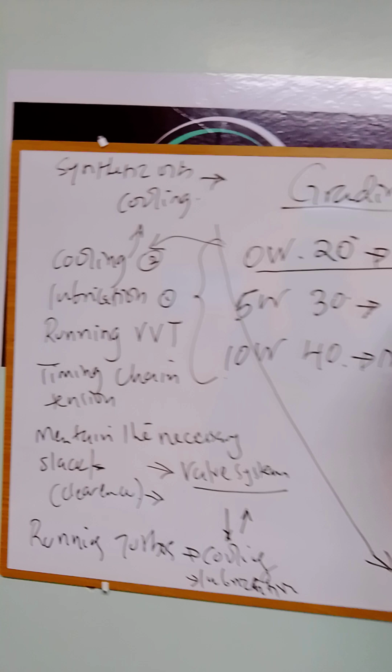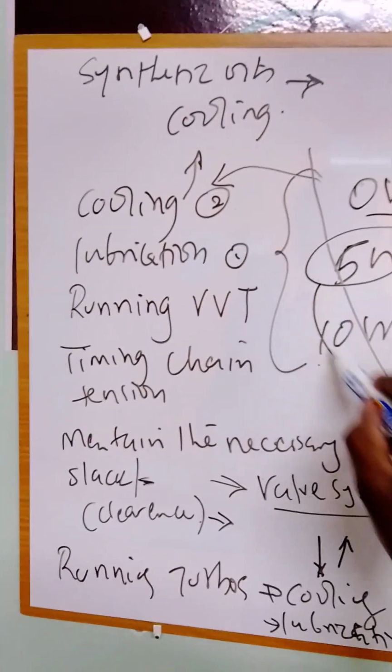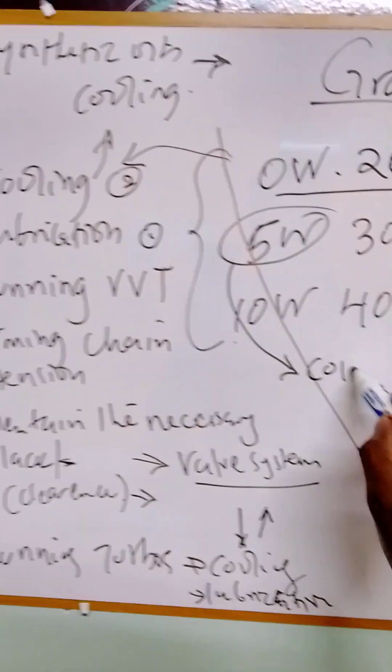Okay, so this is in terms of increasing thickness, increasing viscosity. Now this first number represents the viscosity when the engine is cold, when the oil is cold, or during the winter season.